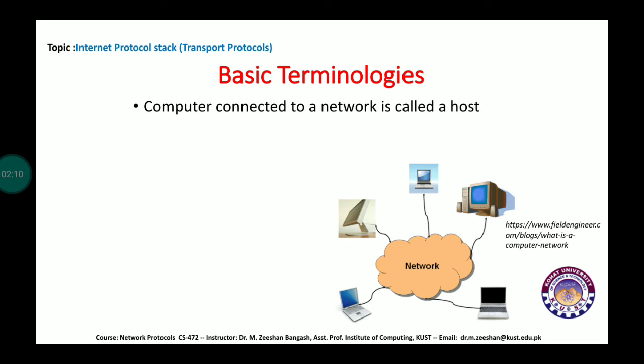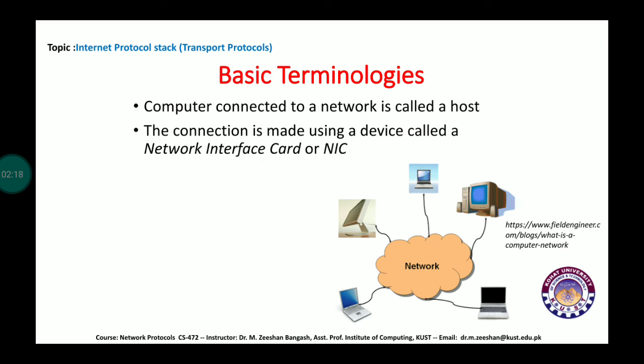The computers that are connected to a network, we know, are called hosts, and the connection is made using a device, which might be hardware or might be connected to a wireless medium. We call it a network interface card, or NIC.